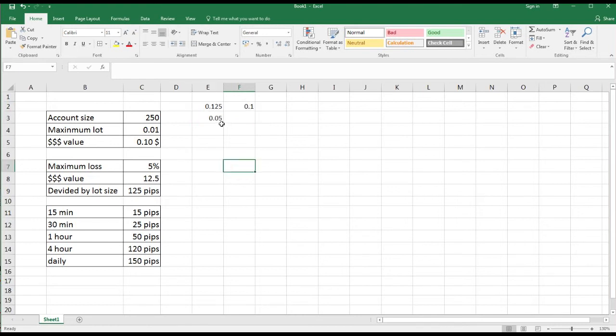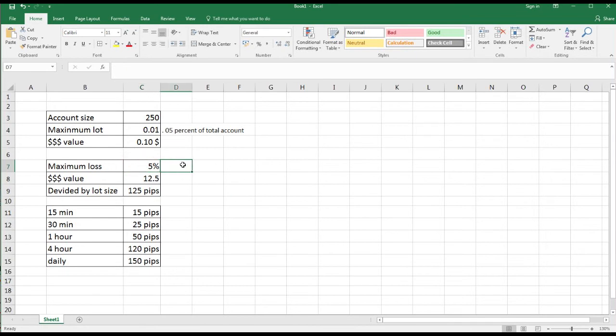So if I put 0.01 as being 0.05% of total accounts, then the dollar value is 10 cents, which is 0.05% of my account. So my maximum loss per trade is 5% on the account. So that's basically how I'm working it out.